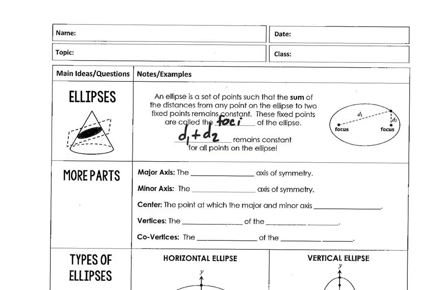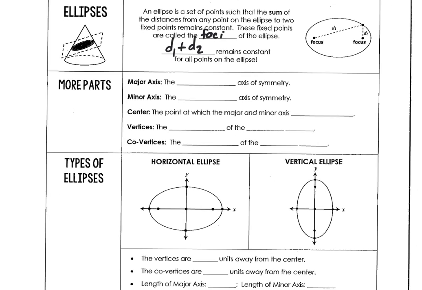These two distances are not the same. They could be, but typically they are not. We're usually not going to find what this distance is, but at least that's what a focus is. Now we're going to talk about some of the major parts of an ellipse.